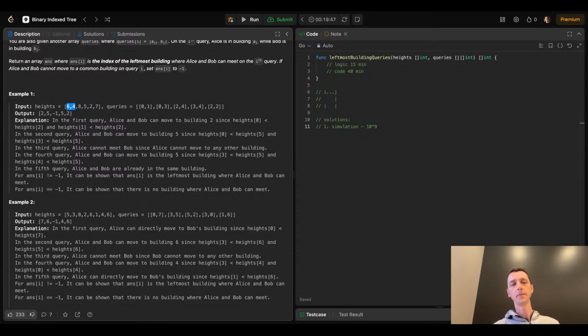And so we might know, for example, for 6, that there are 2 buildings that are bigger than 6 to the right. There is 8 and there is 7.